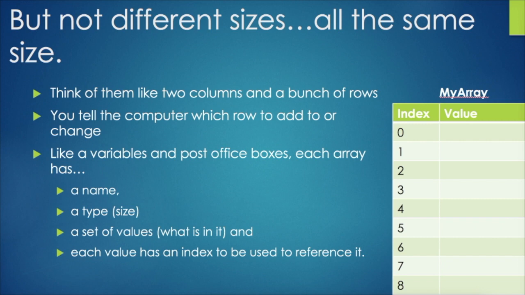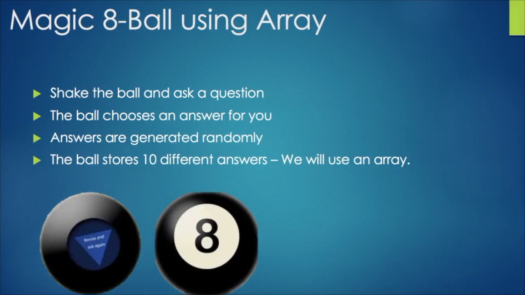Now let's use the array in practice, okay? We're going to be writing a program about the magic 8-ball to illustrate how to use an array. Now, if you've ever used the magic 8-ball, it's a round ball, and you shake it and you ask a question, and then the ball will choose the answer for you. Now, this isn't really psychic.